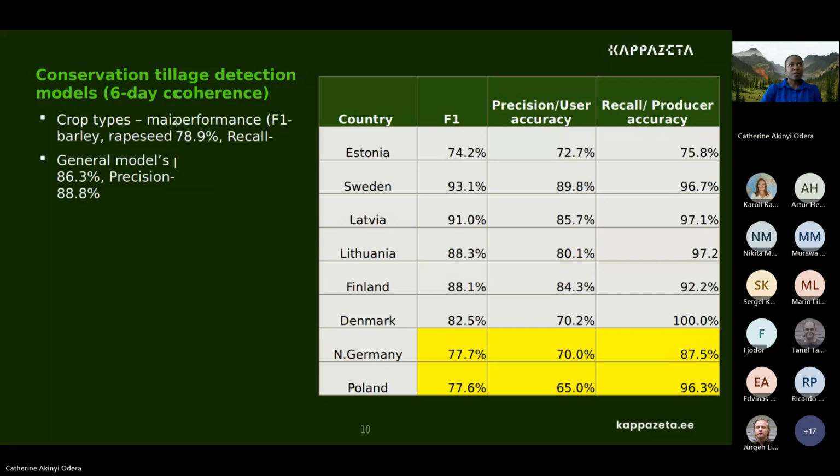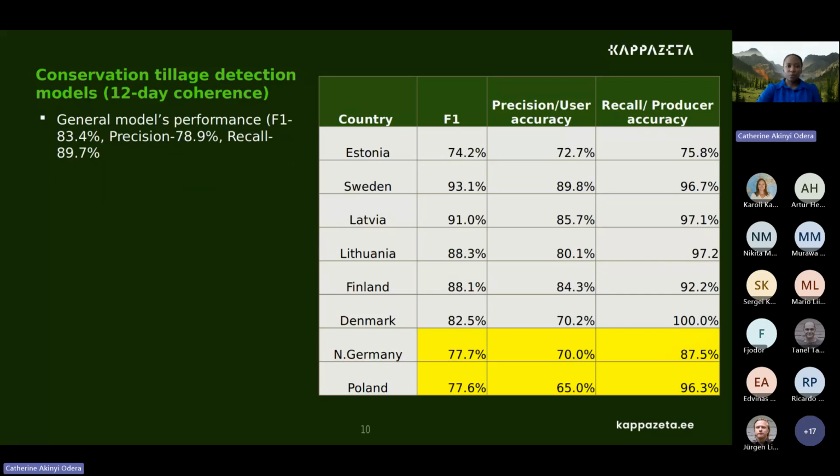And from this, we found out that the performance of the model in Sweden was still good, but in Northern Germany and Poland it was a bit low. When you look at the general performance of the model, it's low. But when you look at the performance in each country, it's better in some countries and worse in others, as you could compare it to the 6-day coherence.